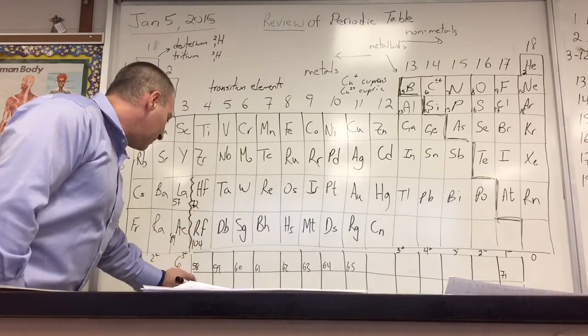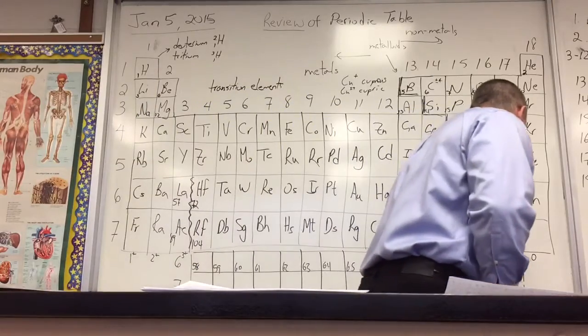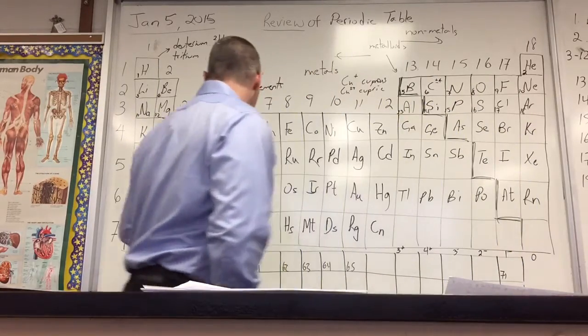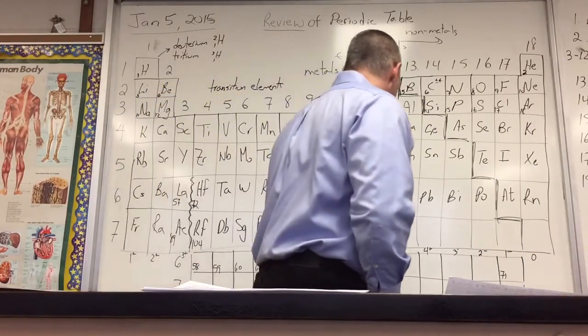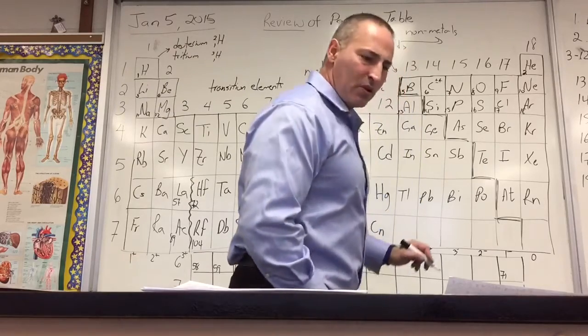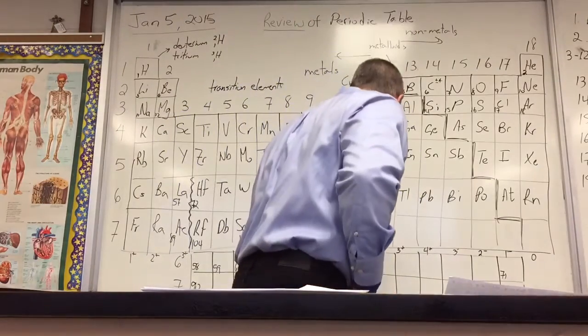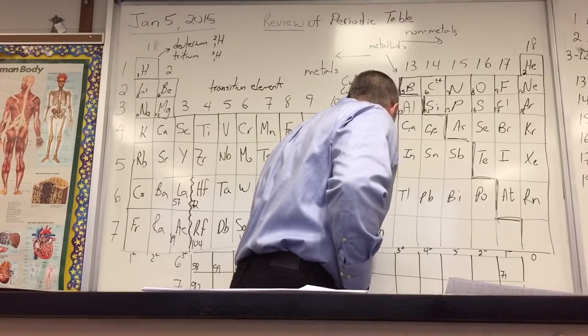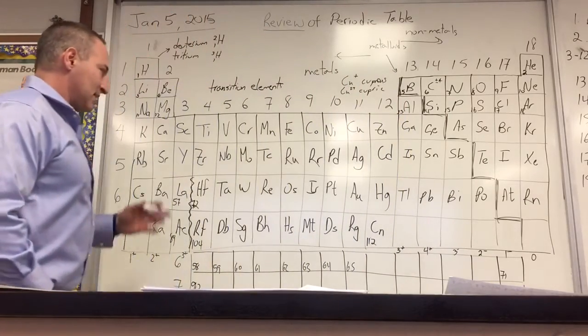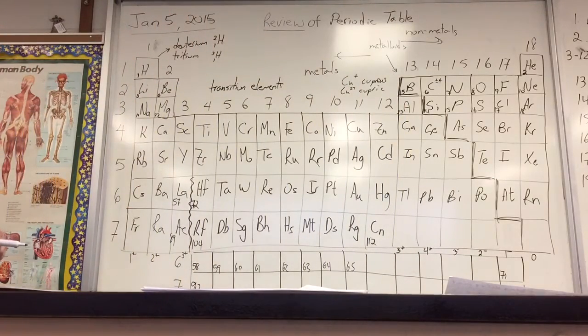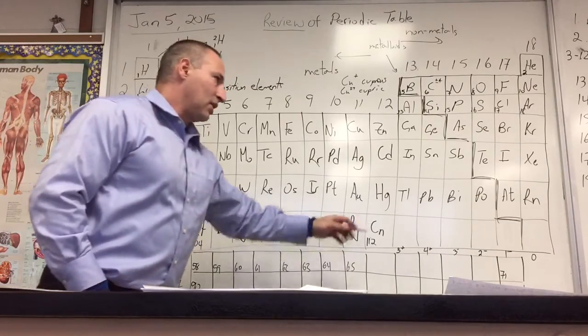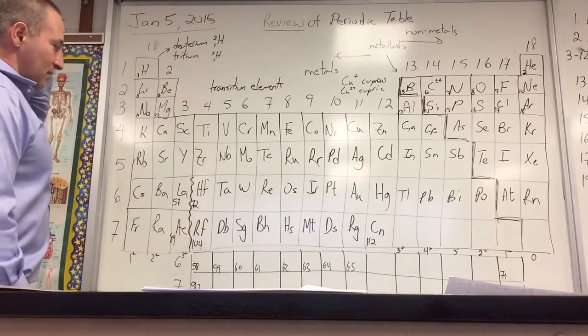This is 90. This ends at 103. And then you go right to the end, and it'll end at copernicium with 112. No, it's 112. 112 for copernicium, which means it has 112 protons in its nucleus. And if it's neutral, it'll also have 112 electrons.